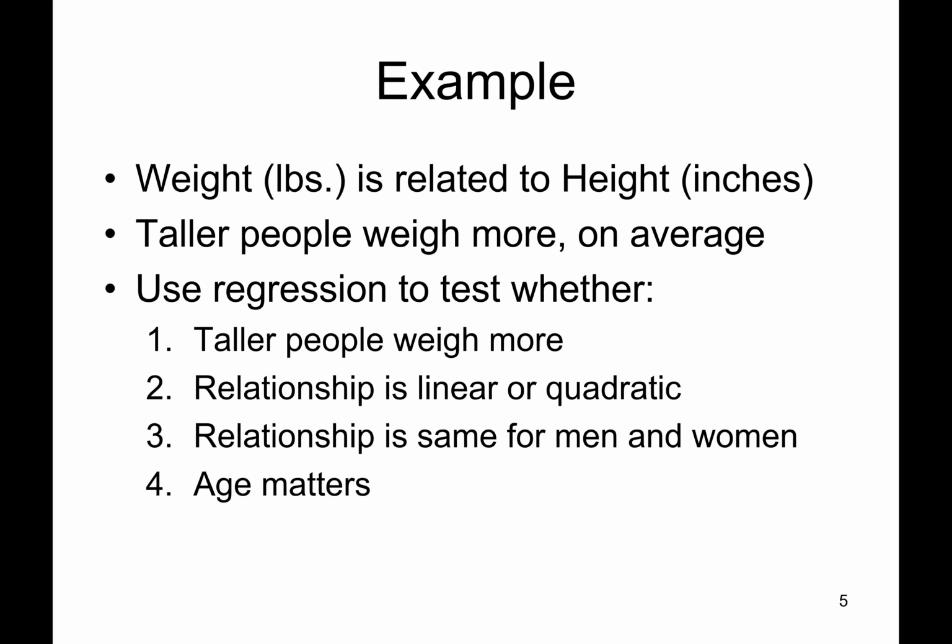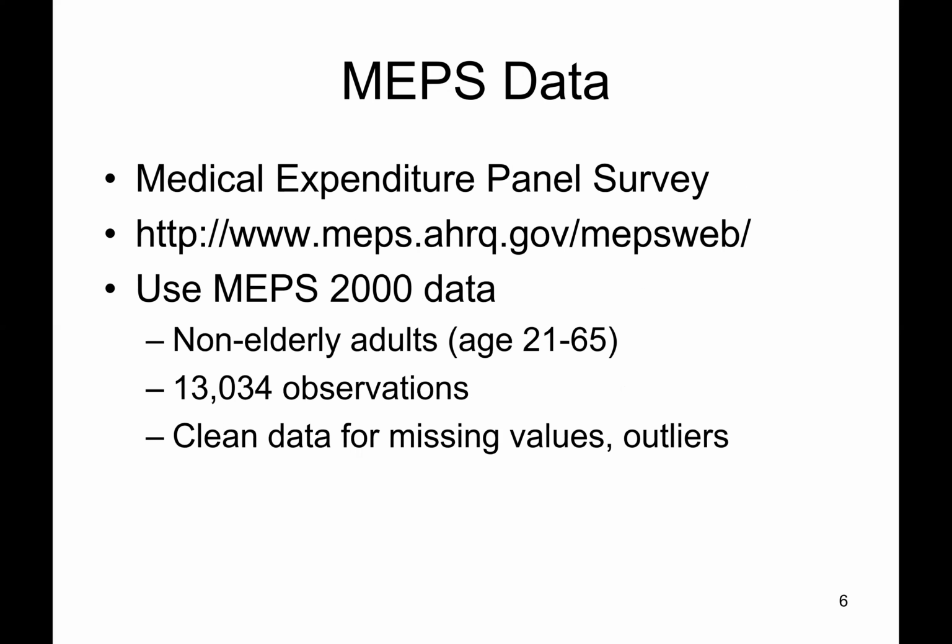We can test whether the relationship between height and weight is the same for men and women, and we can see if age matters. Maybe those who are in their 20s have a different relationship between height and weight, and those who are over the age of 75 have some other kind of relationship. So all of these things you can do with linear regression.